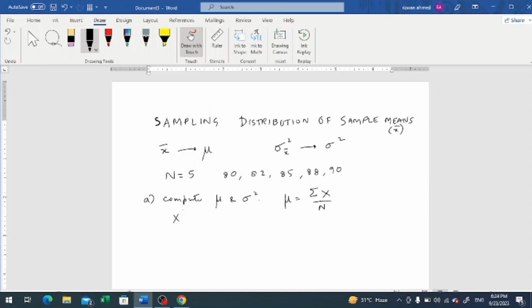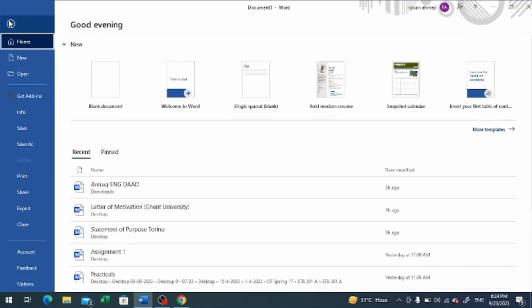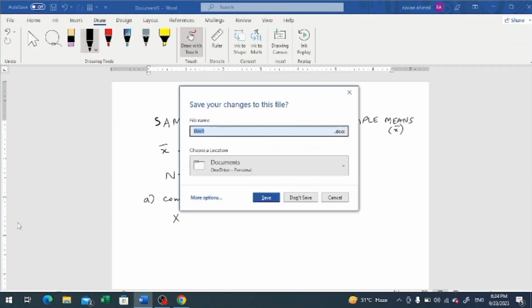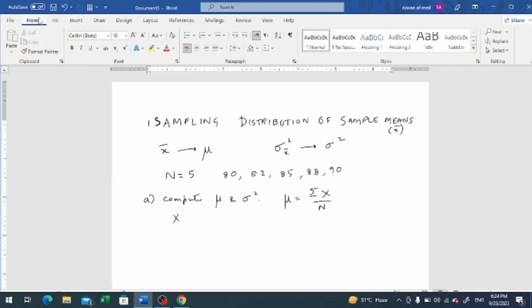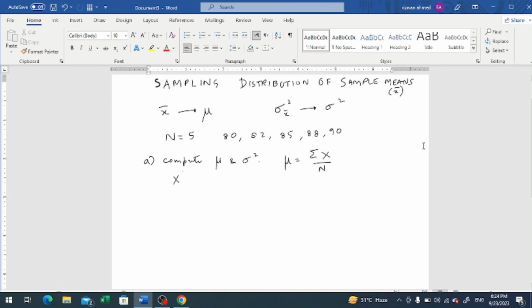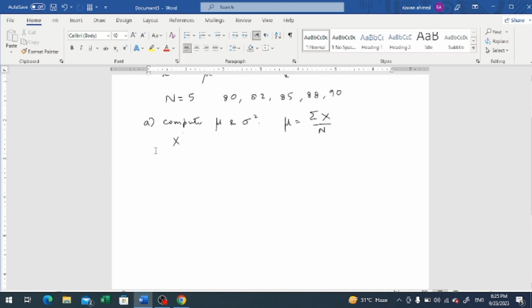So we need to add all the observations together first. So I'm going to list all the values.